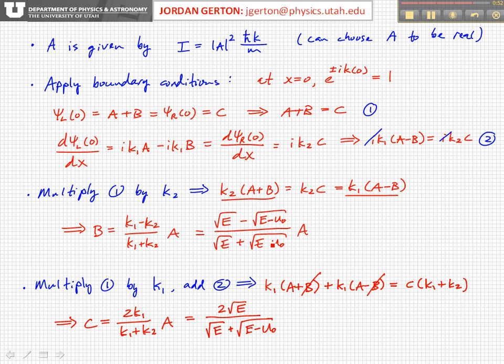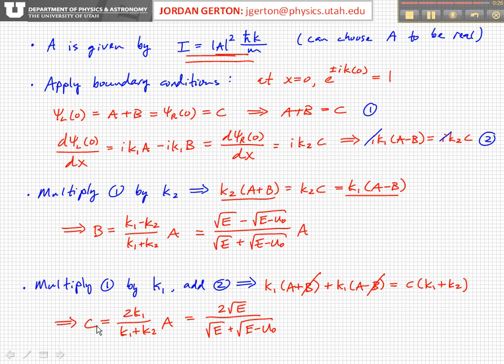So now we have relationships between C and A and B and A, so everything is in principle solved, because A is given by the intensity relationship, the beam relationship up there.